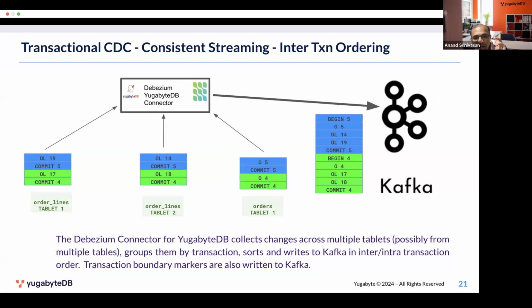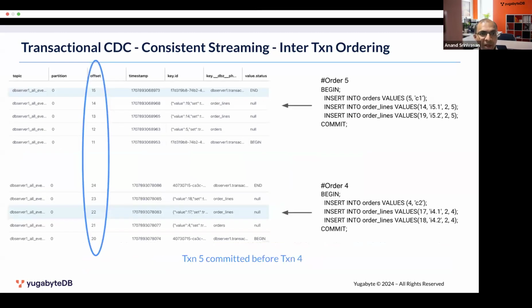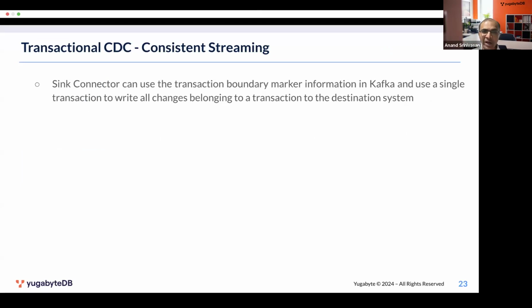So essentially, the ordering is the main approach that is used during consistent streaming to enable consistent loading of the target. And how is that going to happen? Of course, that's because your sink connector can take advantage of the transaction boundary marker information on Kafka and use a single transaction to write all changes belonging to a transaction.